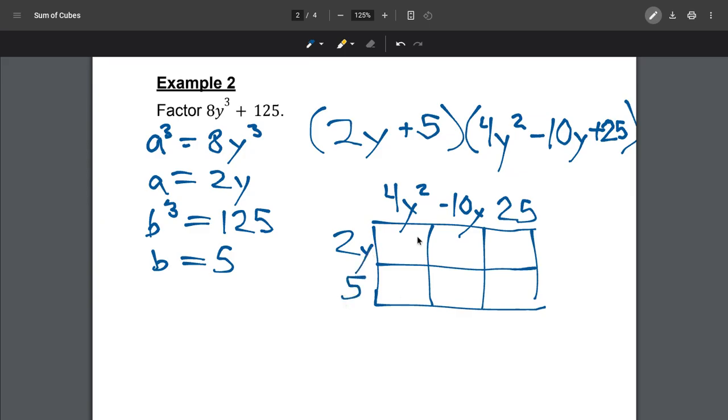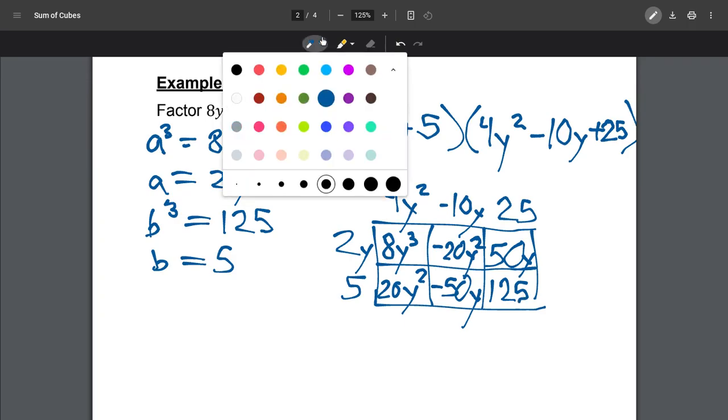Okay, so 2y times 4y squared is going to be 8y cubed. 2y times negative 10y is negative 20y squared. 2y times 25 is 50y. And then 4y squared times 5 is 20y squared. 5 times negative 10y is negative 50y. And 5 times 25 is 125.